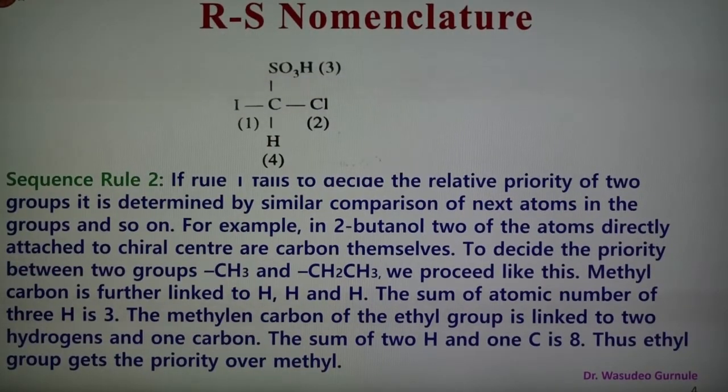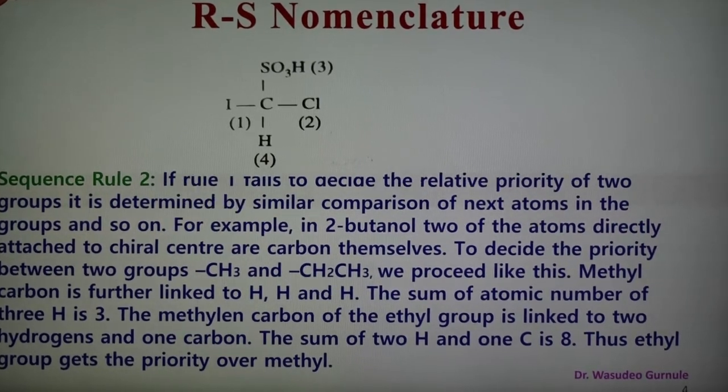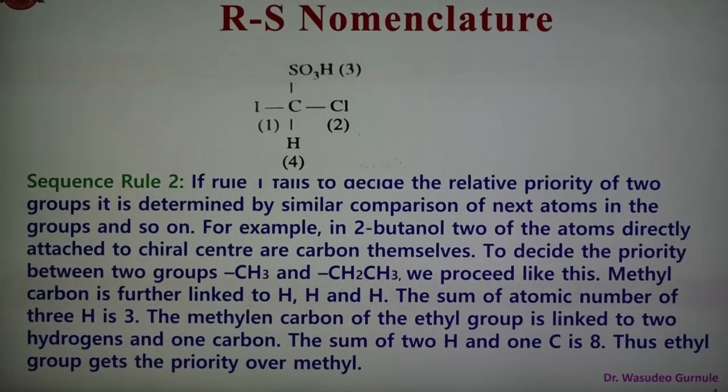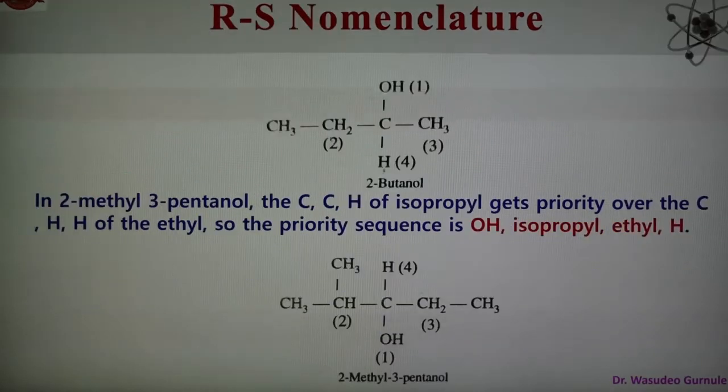The second sequence rule decides the relative priority of two groups if it is determined by similar comparison of the next atom in the group, and so on. For example, if 2 carbons are there, the one having highest priority can be decided on the basis of sequence rule number 2.